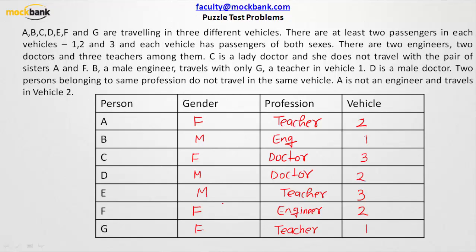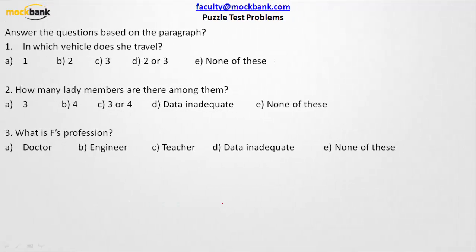Now let us see some problems over here. In which vehicle does C travel? Now we know that C for sure is traveling in vehicle number 3.